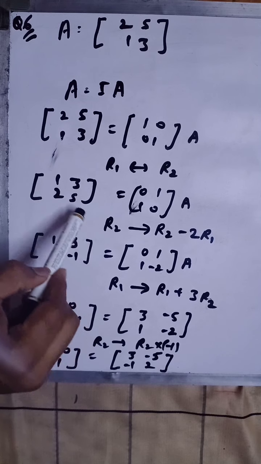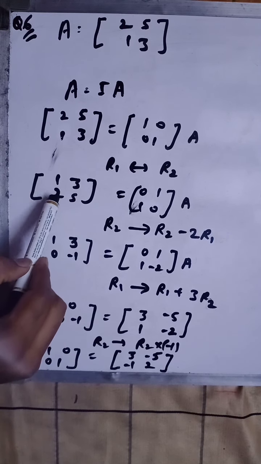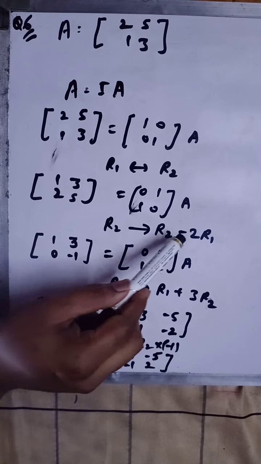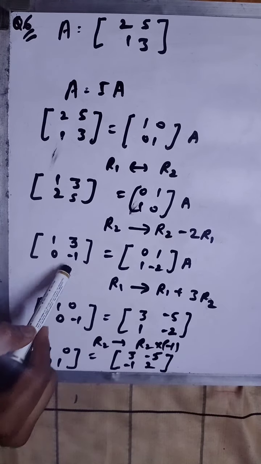After that, in R2 you have to make 0. So we are applying the formula R2 goes to R2 minus twice of R1. When you apply this operation, you will get this equation.